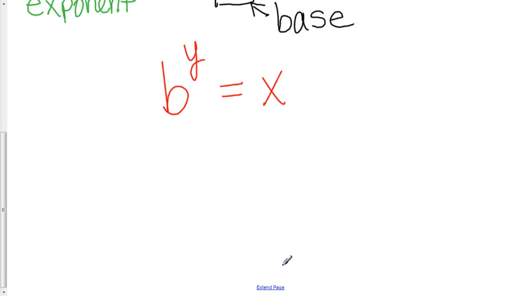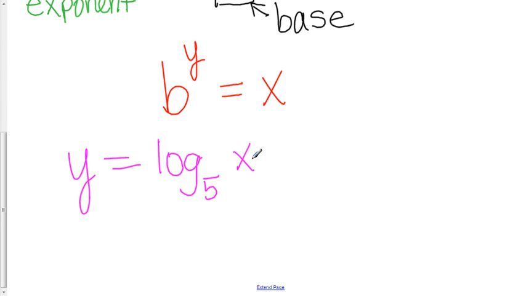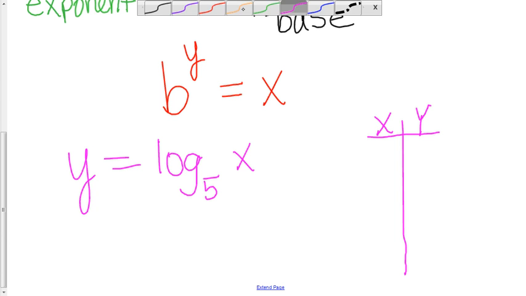Now, if you were asked to graph something like, say, y equals log base 5 of x, typically when you're dealing with a function, you would pick values for x. But because this is a logarithmic function, it's easier if you pick values for y.